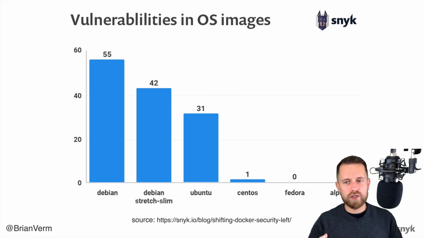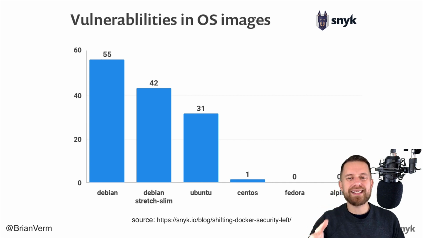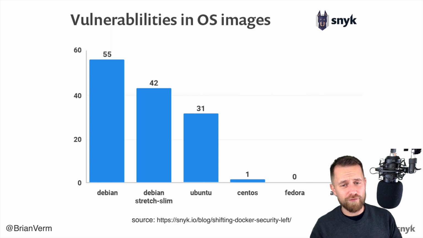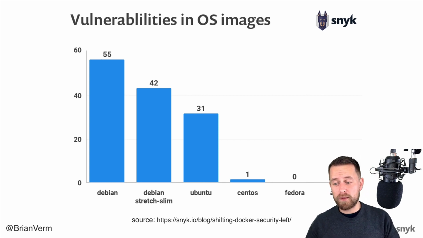Again, this is of course a point in time where we did this scanning. The numbers can be quite different now, although it seems like Fedora and Alpine, because these images are quite a bit smaller, have fewer known vulnerabilities for binaries that ship with these operating systems.